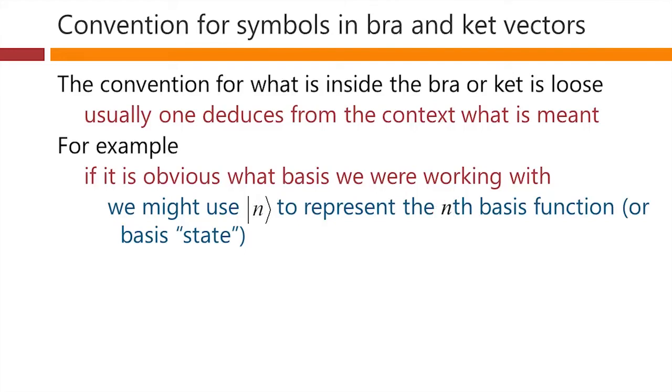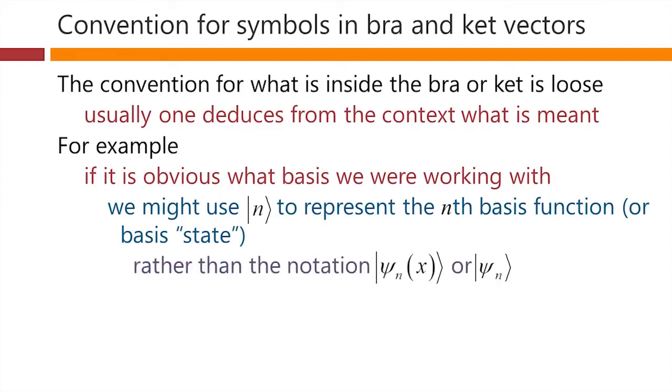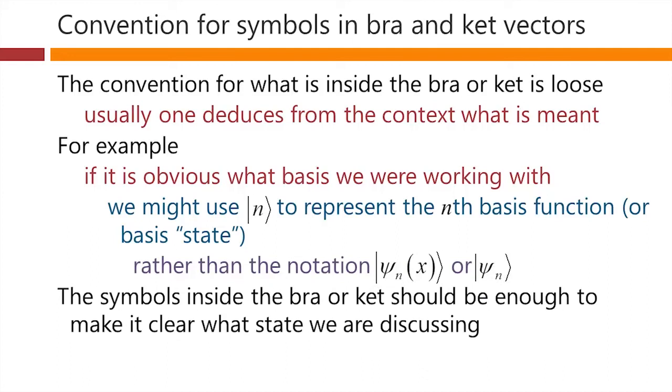It would just save us some writing just to put in n instead of saying psi n or something else more complicated. So we simplify this notation to this one, or maybe all the way down to this one here. Whatever we put inside the bra or ket should just be enough to make it clear what state we are discussing.